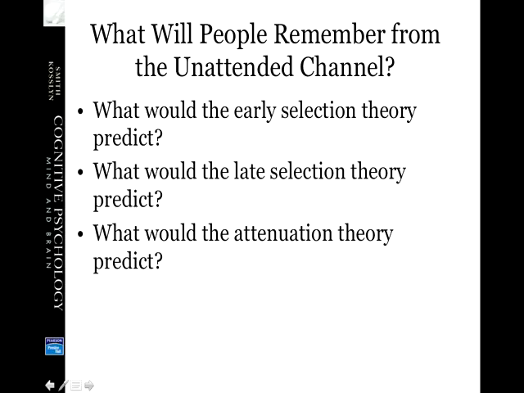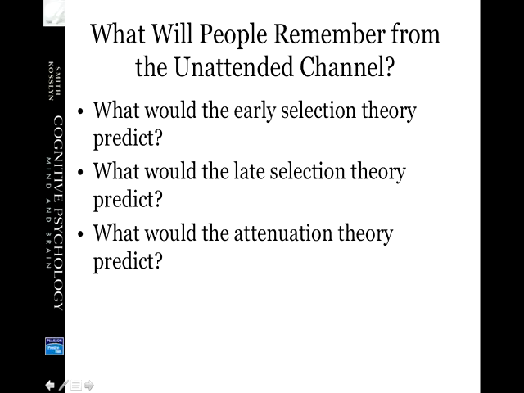A late selection theory would argue that you would notice both the words repeating and the language change. So that's really interesting. So we can tell the difference between those two pretty easily. Attenuation theory is a little harder. So it would say that we only would switch ears if it was important to us. So maybe bilingual people would notice that those are Spanish words, whereas other people would just say it sounded weird.